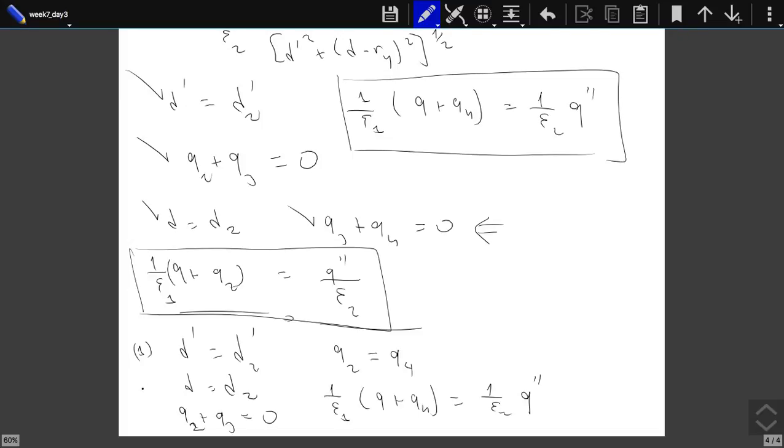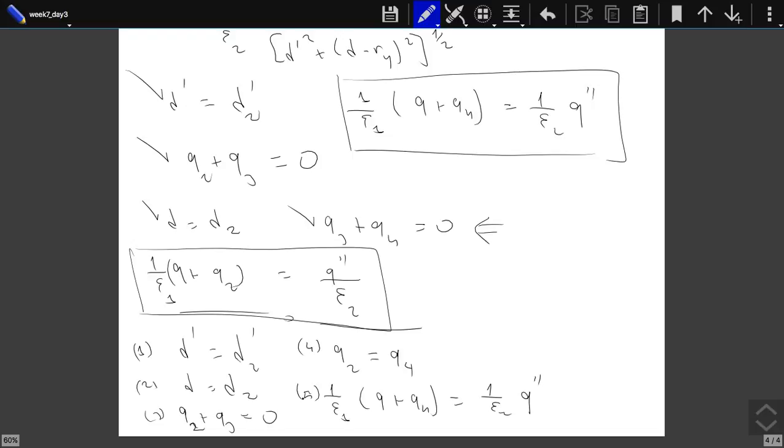So we have 1, 2, 3, 4, 5 equations. We have 6 unknowns, or 7. We don't know 4 charges, and we didn't know 2 distances. So we had 6 unknowns. Now we have 5 equations, so we are still missing at least 1 equation.